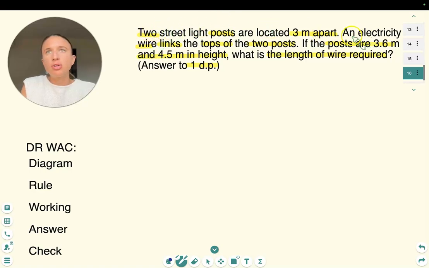So let's just try and draw it sentence by sentence, because Dr. Whack says we draw a diagram first, okay? Two streetlight posts, 3 meters apart. 3 meters apart means this distance is 3 meters. I think it said that the posts are different heights.